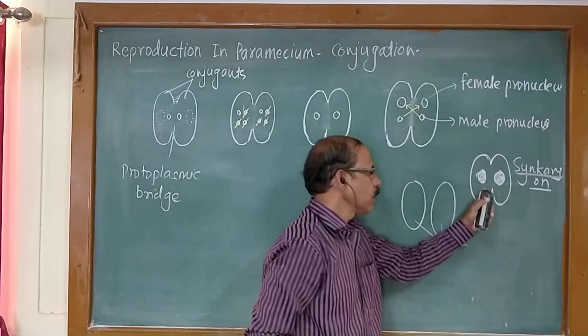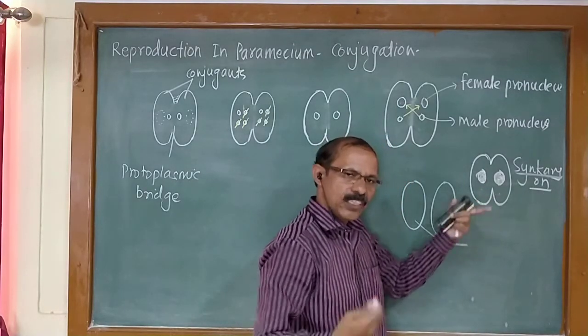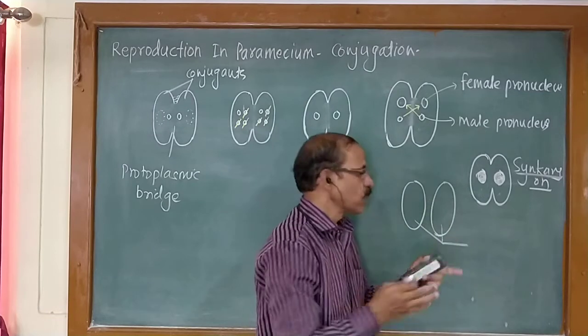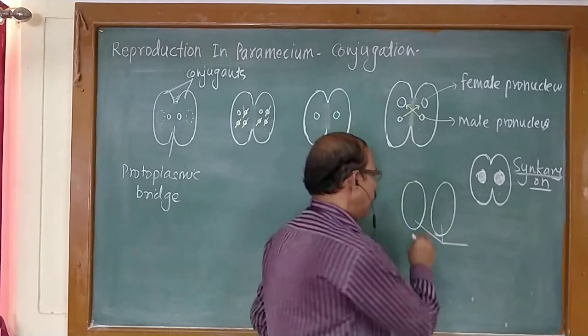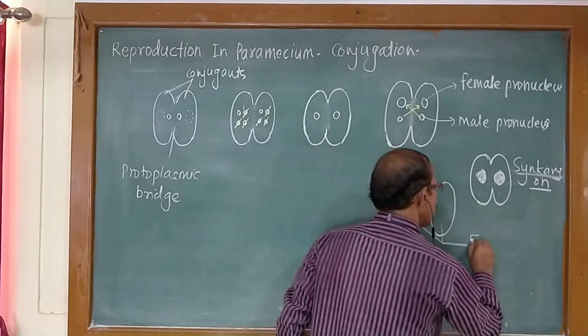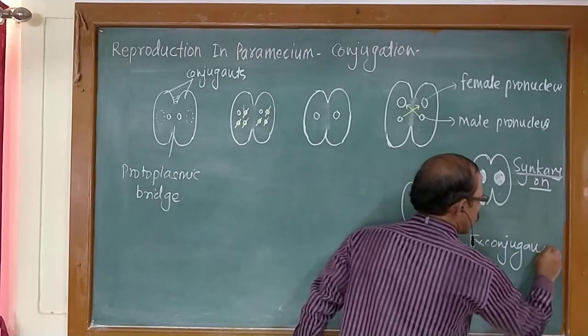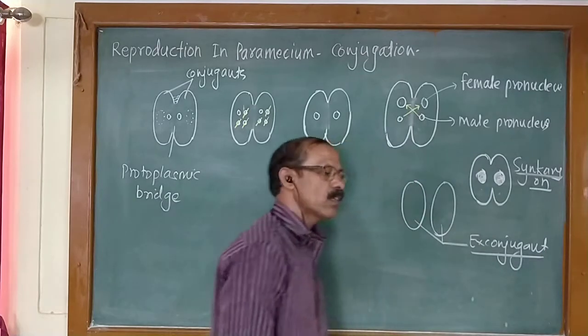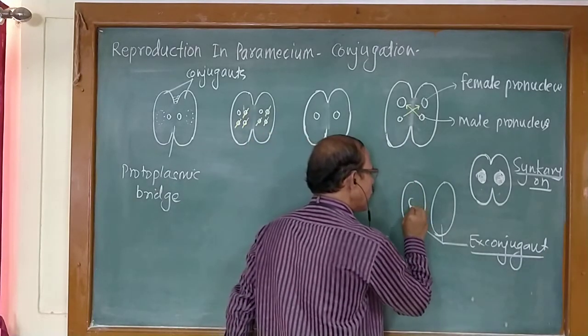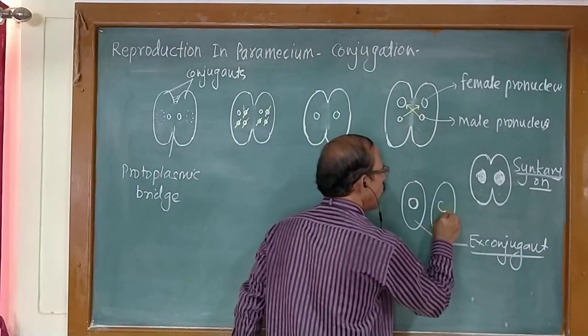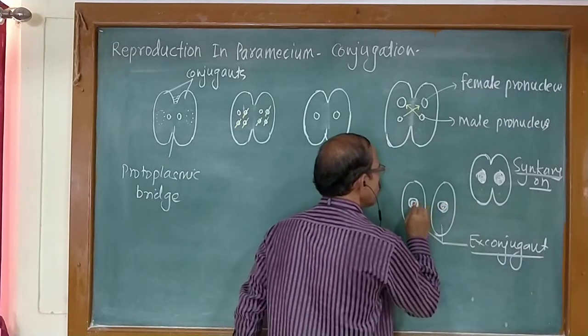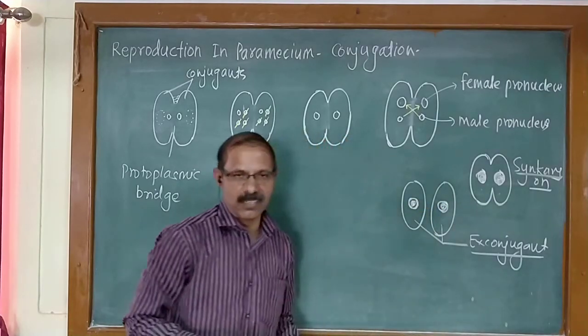Up till then they are conjugants. Exchange of nuclei takes place. Now they separate from each other, and now each one is called an ex-conjugant. Now each ex-conjugant is having a larger synkaryotic nucleus.